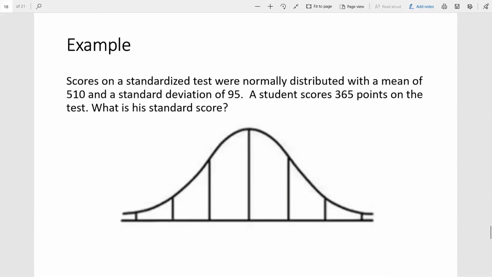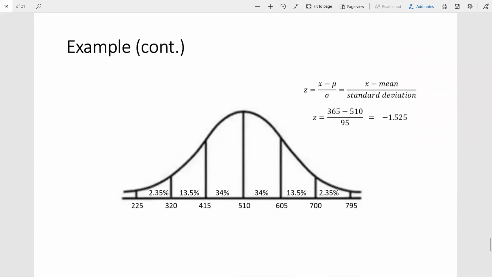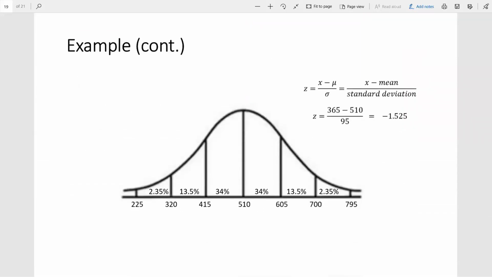So here's an example. Scores on a standardized test were normally distributed with a mean of 510 and a standard deviation of 95. One student makes 365 on the test. They want to know what his standard score is. So on the next page, we write down z is equal to x minus the mean divided by sigma.